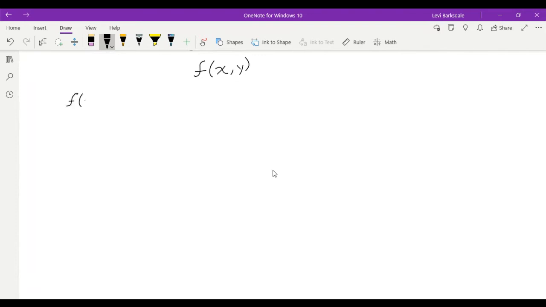So if f takes in two variables as input, and you have a vector valued function r of t that gives two variables as output, call that a of t and b of t, well, you could take f of r of t, because you take your one input t, put it into r, which gives out two variables as output, and you use those two variables as the two inputs for f.